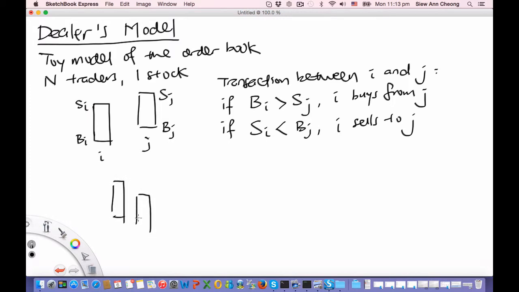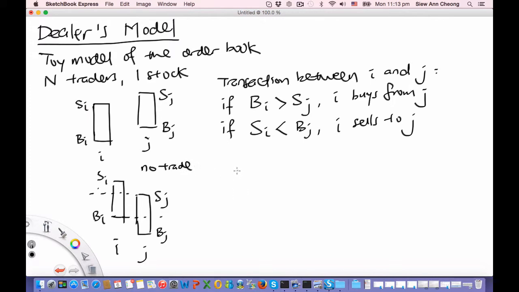If I have a situation like this, I and J, so BI here, BJ here, SJ and SI. Since SJ is higher than BJ, this is a situation where there is no trade.